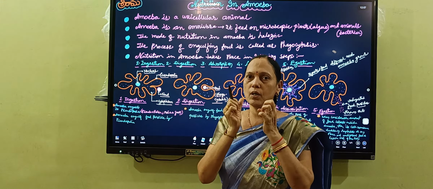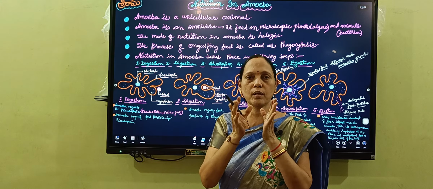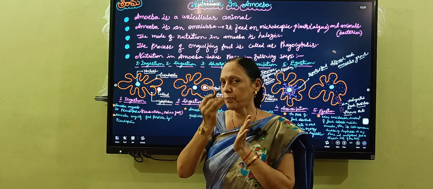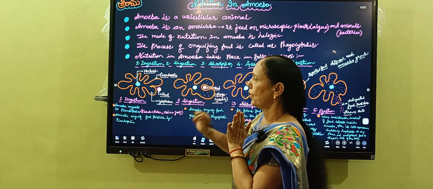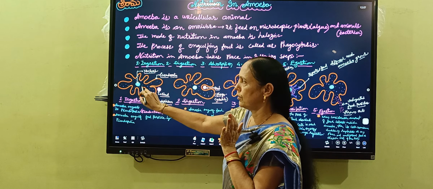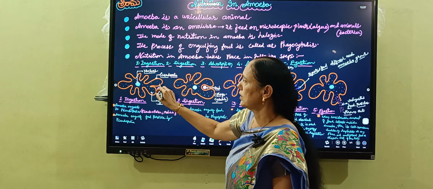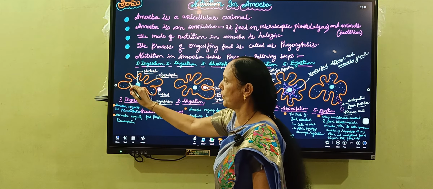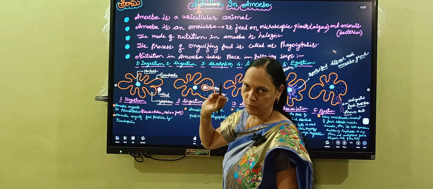Pseudo means false and podia means feet. It has false feet, and that's why it can change the structure of its feet. Just see here, at the center the nucleus is present, then these false feet, the pseudopodia, and this is the complete body of the amoeba filled with cytoplasm.